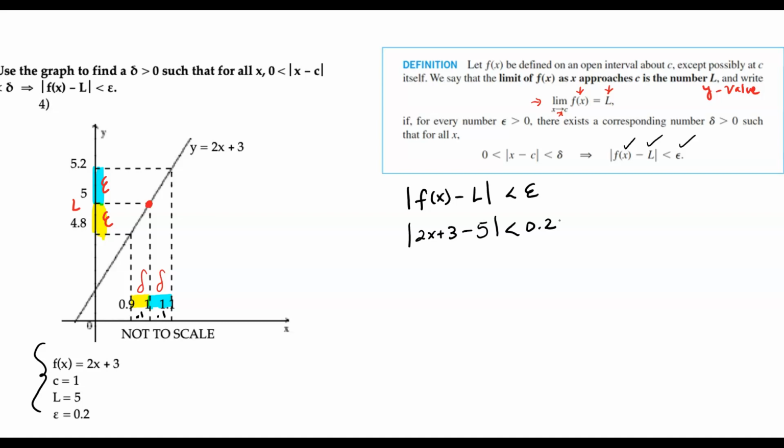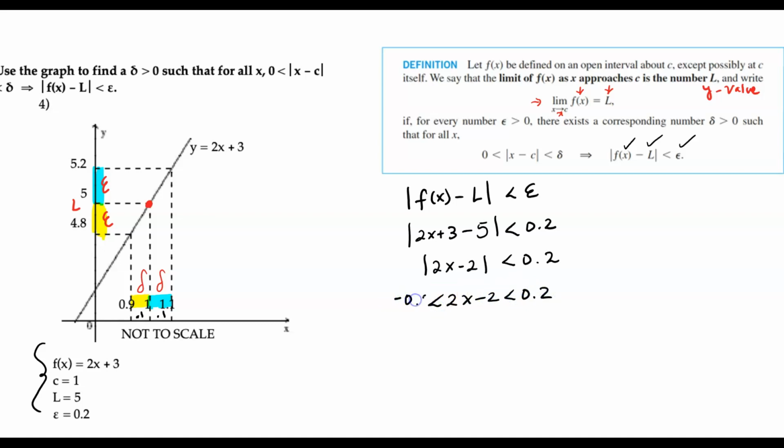We're going to solve this absolute value inequality by combining like terms first. So we go from 3 minus 5 to negative 2. Now, when you're solving an absolute value inequality, this actually becomes a compound inequality. It looks like this.